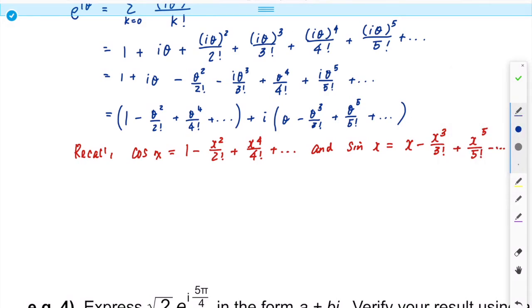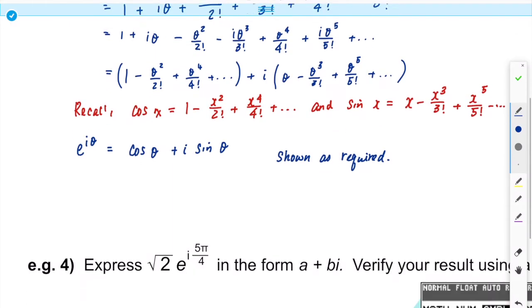So what we are seeing in front of us is actually e to the power i theta, equaling the real part, which is cosine theta, and the imaginary part, which is i times sine theta. Okay, so this is shown. You have just used the Maclaurin series to show the Euler's form of a complex number.